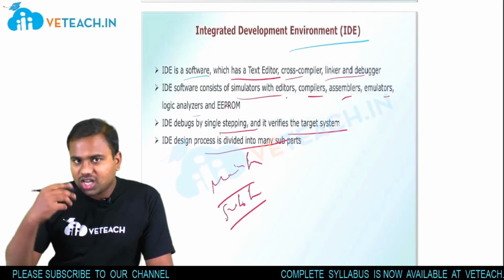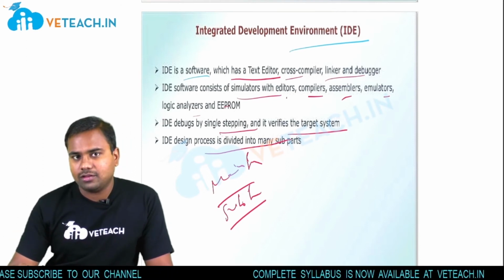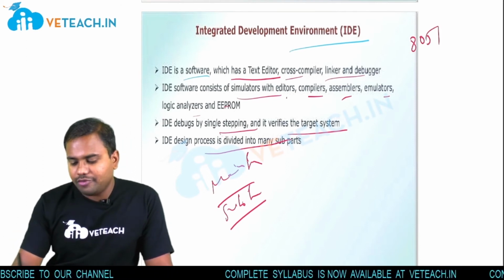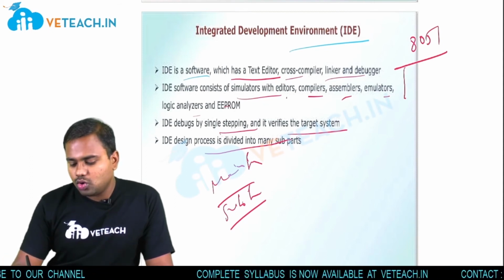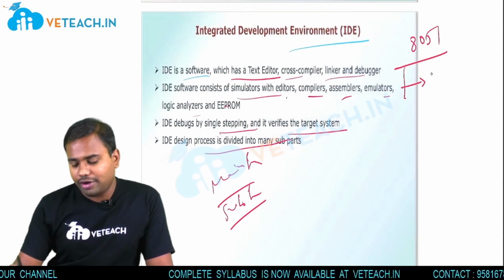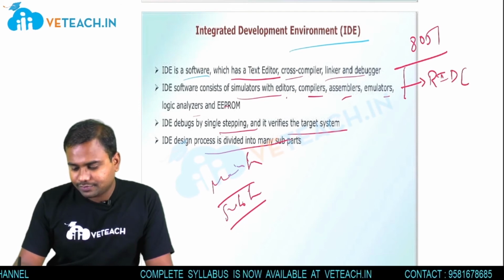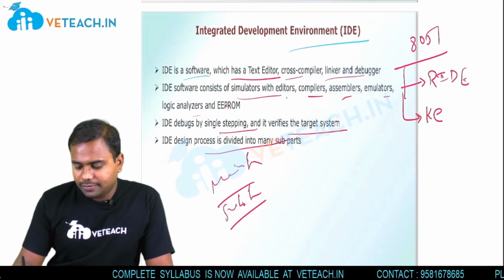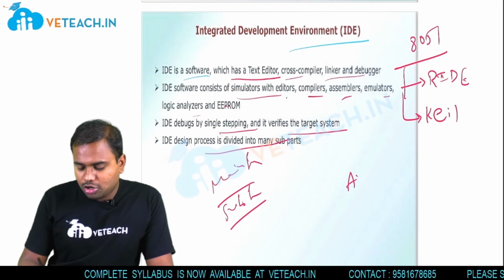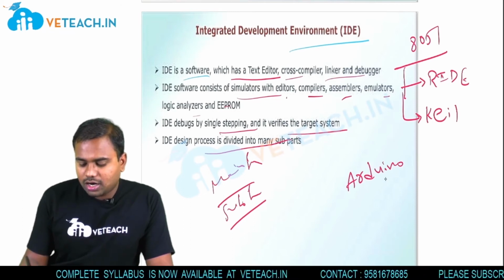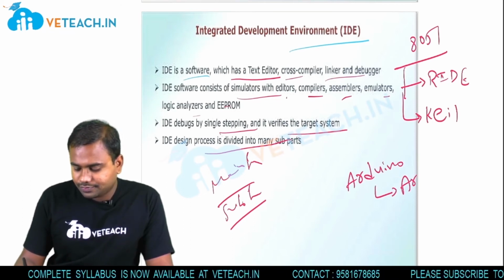Right. What are the IDE tools we have? If you are going to the 8051, we have two different IDE tools: one is RIDE and the second one is Keil. If you are going to Arduino, it directly consists of the Arduino IDE.